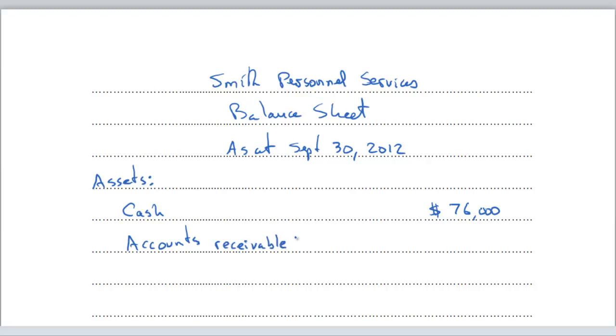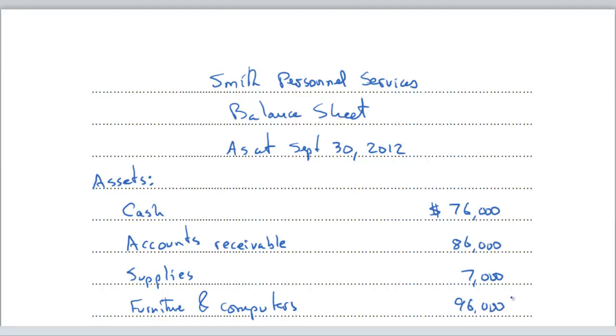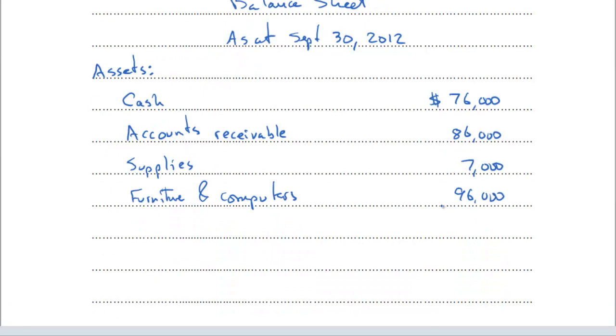So it's okay to use A/R everywhere else except on the actual financial statement, where we have to write it out. So accounts receivable, $86,000. Supplies, $7,000. And furniture and computers, $96,000. And that's it for the assets.